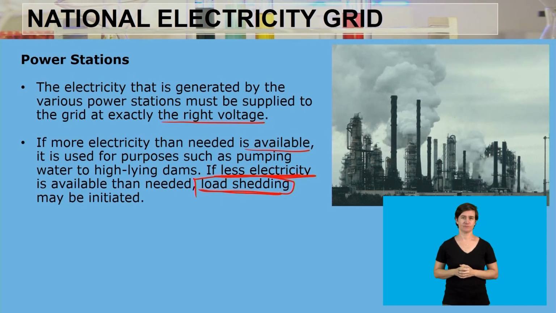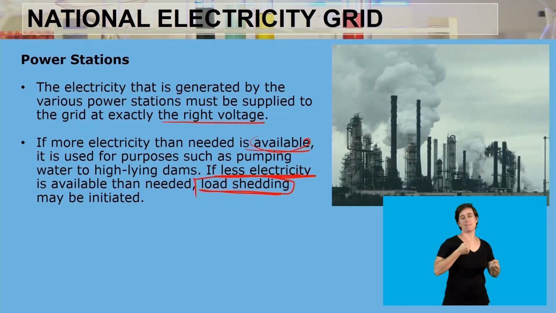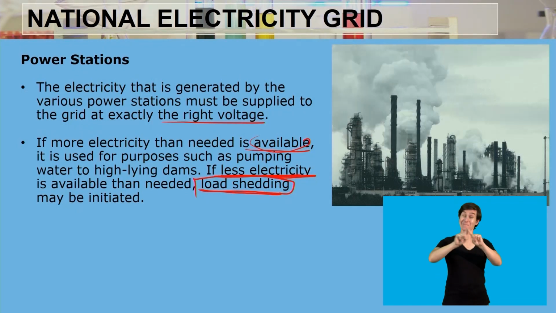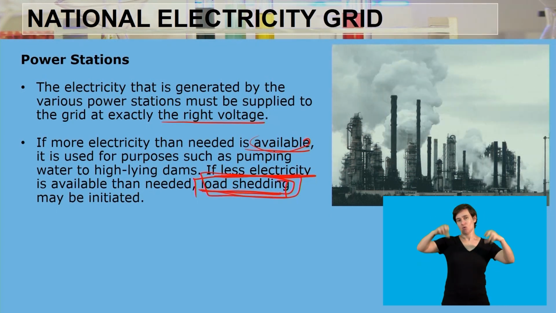To reiterate, if more electricity than needed is available, we can use the surplus to pump water into higher-lying dams. However, should we have less electricity than what we need, load shedding is going to be initiated.